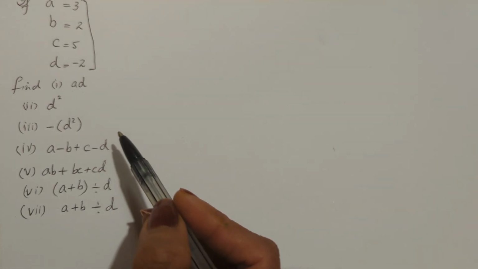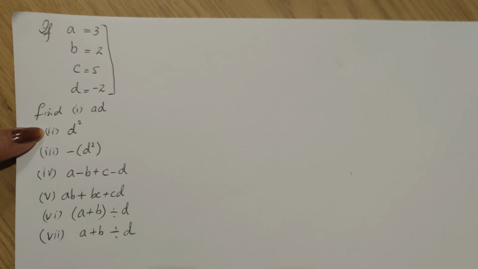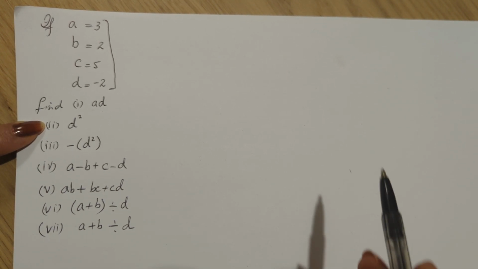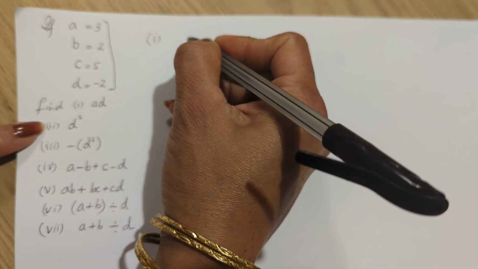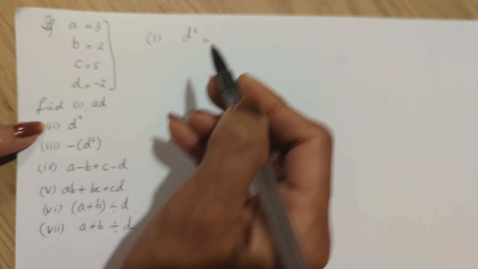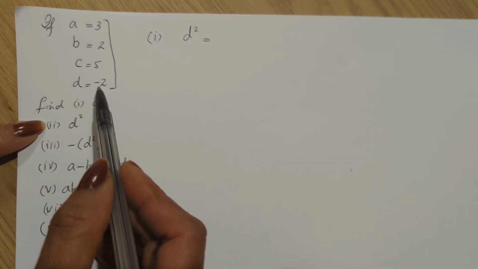Here is our first part. We have to find the value of d square. So we check what the value of d is. d is equal to minus 2.